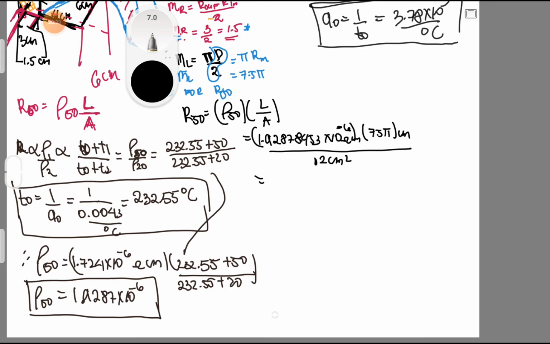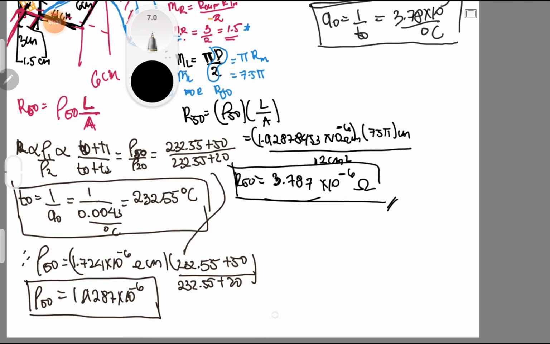Yan. So from this we will have a value of 3.787 times 10 raised to negative 6 ohm. Ayan. So this will be our R50. This is at our number 2.